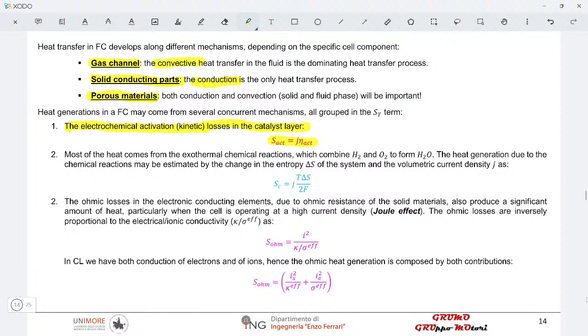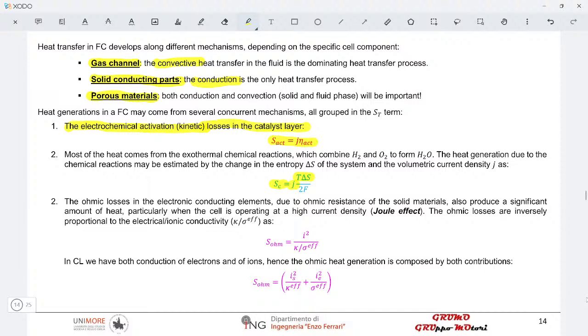Then we have the heat generation due to electrochemical reactions. And again, this is at the catalyst layer only. So the second contribution is related to the product of the temperature times delta S divided by 2F. Again, this is proportional, as it was for the activation term, to the local volumetric current.